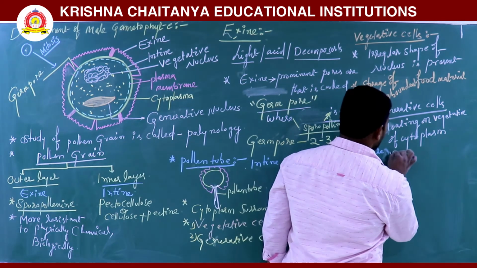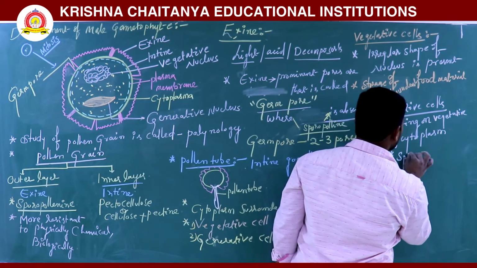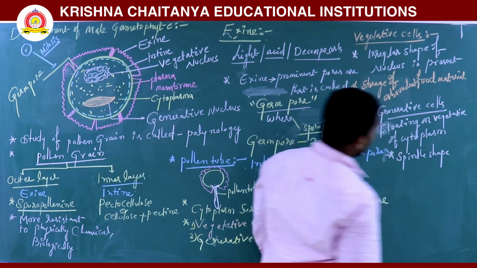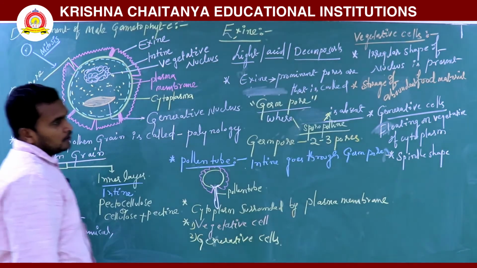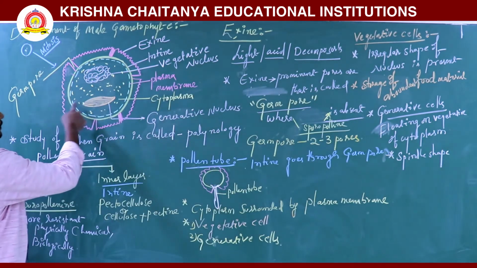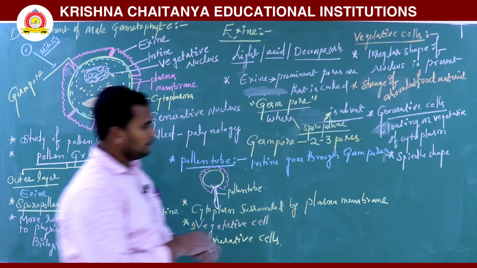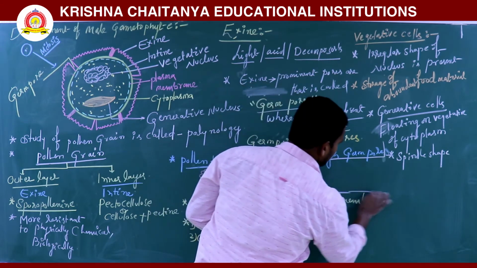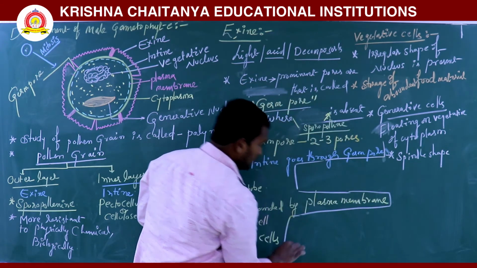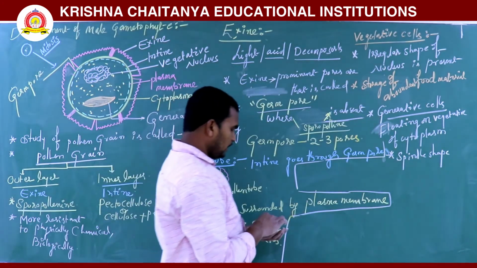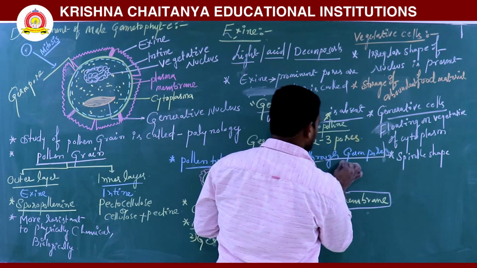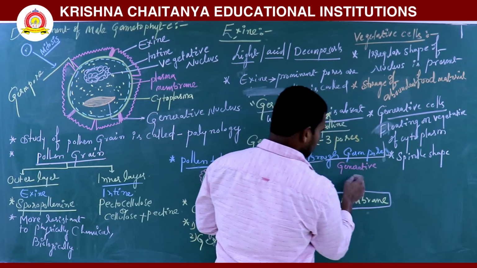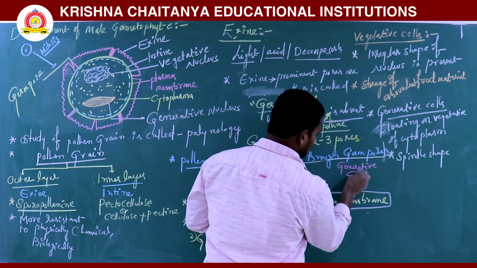Here mainly it is a spindle shaped cell. What is it? A spindle shaped cell. And this is the generative cell.